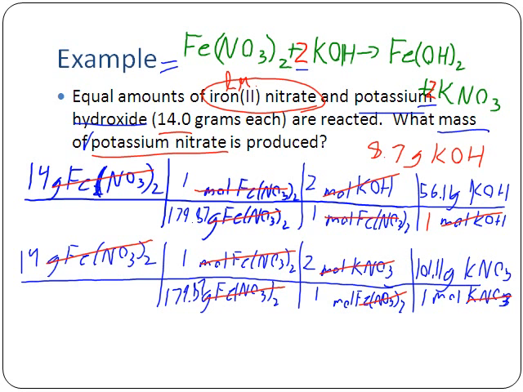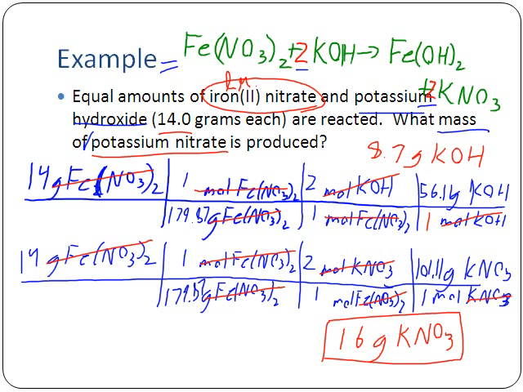Taking out the calculator, we say 14 times 1 times 2 times 101.11, multiplying across the top, divided by the bottom, 179.87, and then divided by 1, divided by 1. When you work this out, you get 15.7395. To two significant figures, that's just 16. And so the answer is 16 grams of potassium nitrate are produced. That would be our final answer.